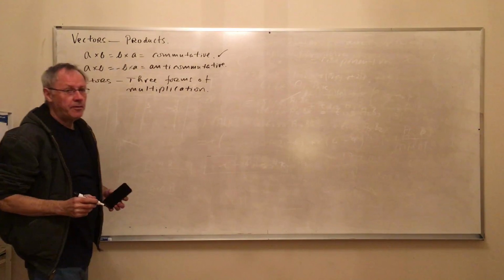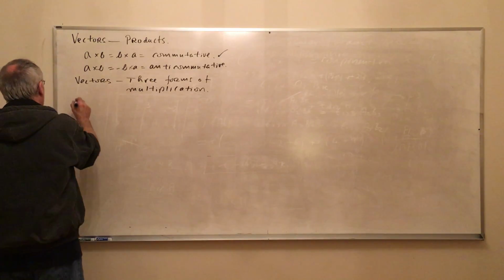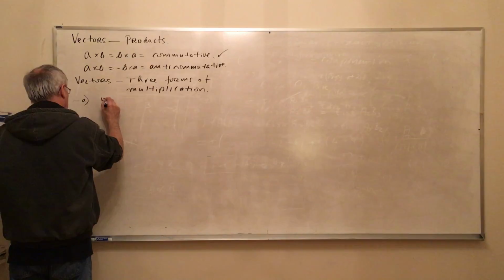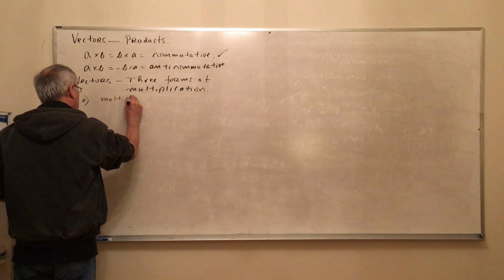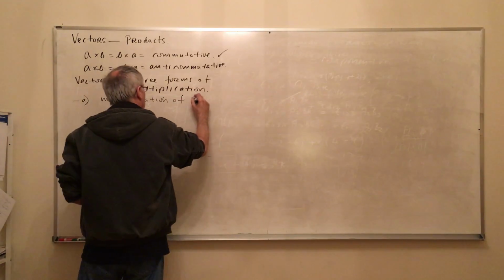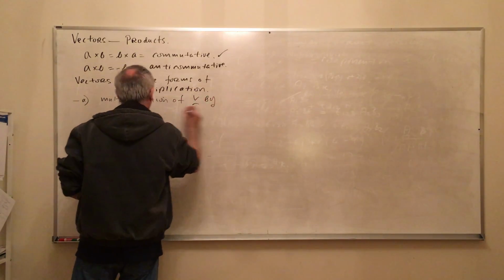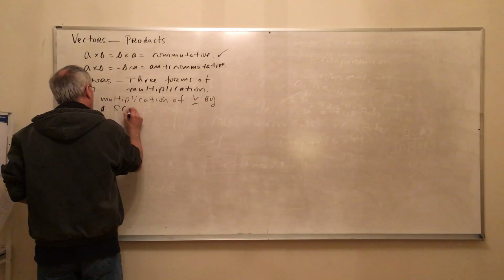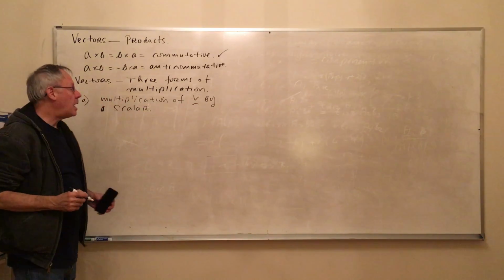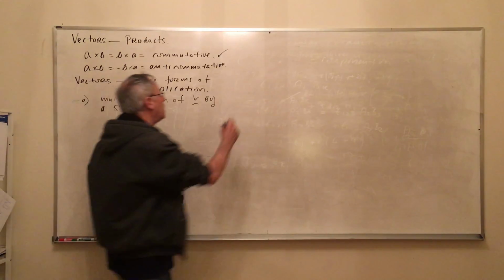in vectors we have three forms of multiplication. Now I'm not going to write the word vector all the time, I'll just write down the V with the symbol underneath it.